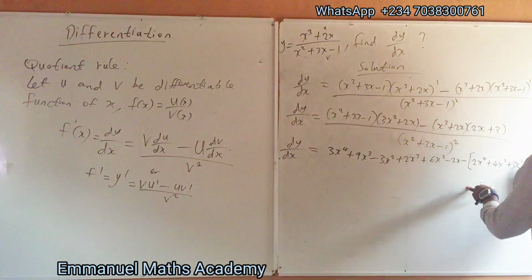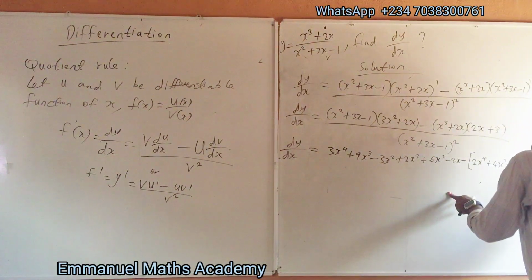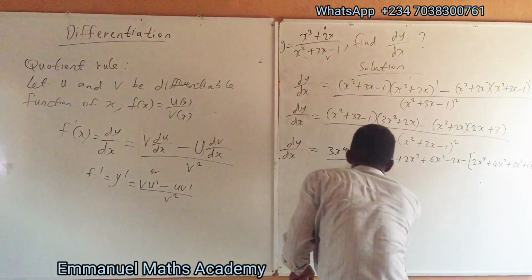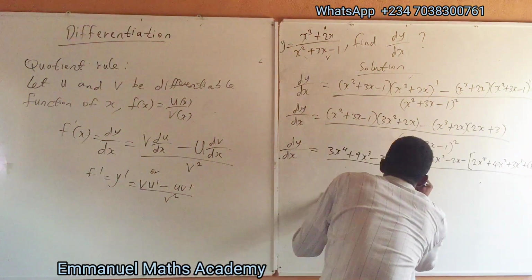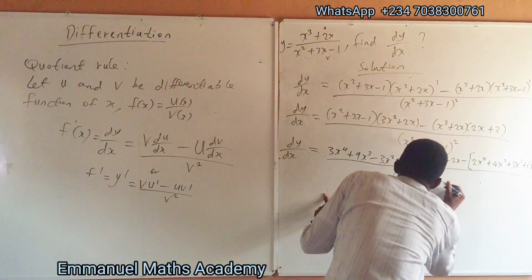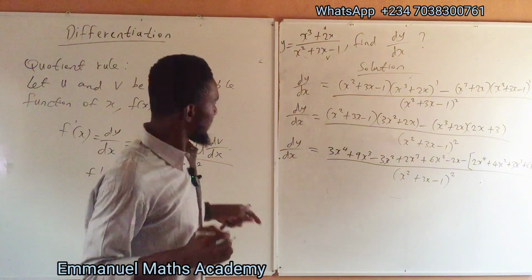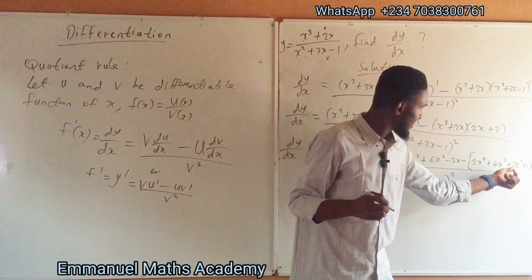plus 3x^3, right? Plus 6x, all over what? (x^2 + 3x - 1)^2. Is that correct? Now, use this minus to open up this.